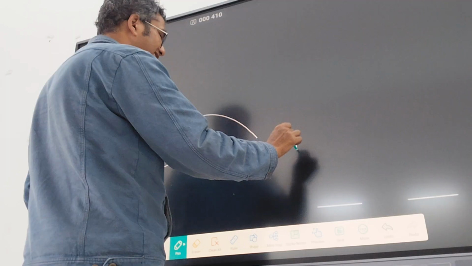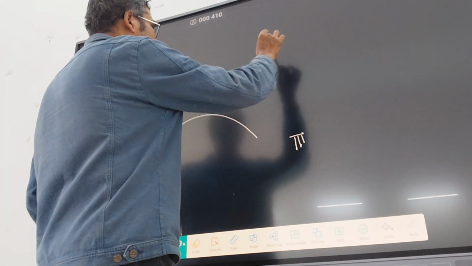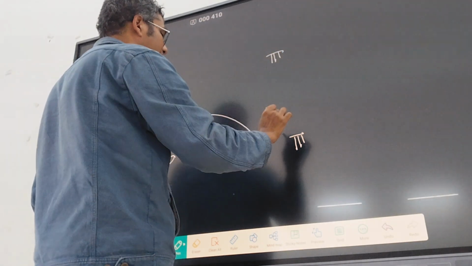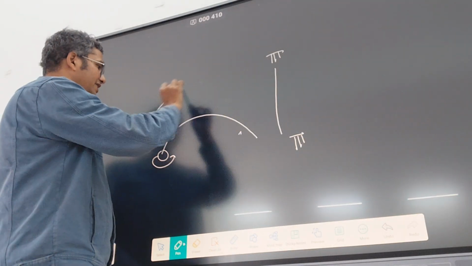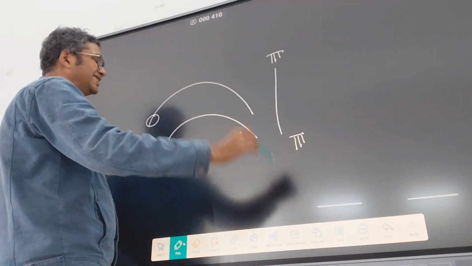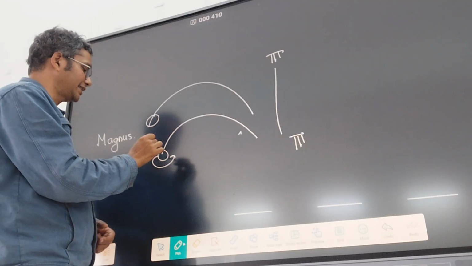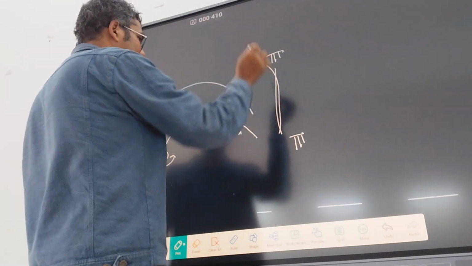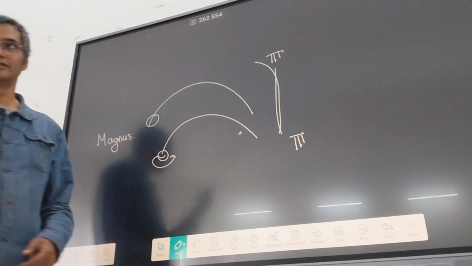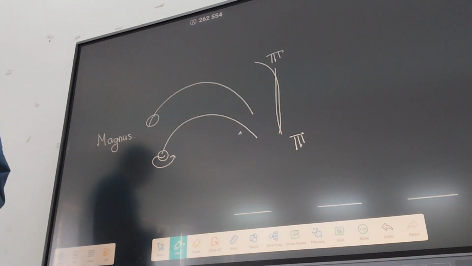Okay, from here is one stump, and there is a stump here. In the first case it is going like this, case 1, and there is no spin associated with it. But if you associate a spin with it, say it goes and turns like this, the turn that happens is called the Magnus effect. The same thing happens here.